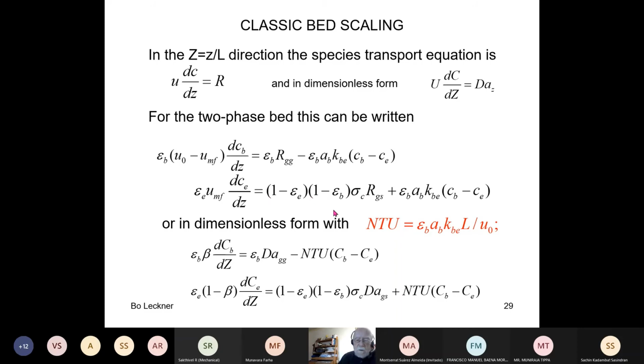So here you get the amount of particles producing this reaction between the gas and solids, according to this formulation.